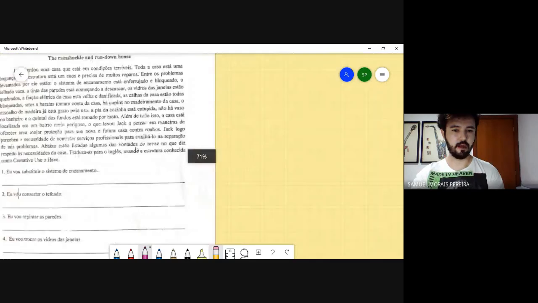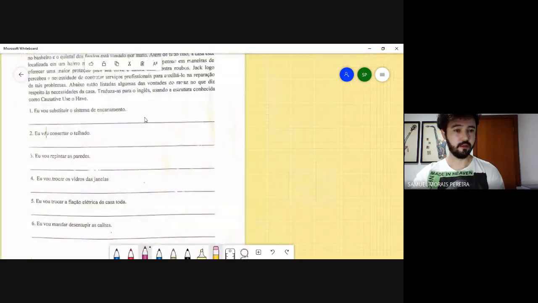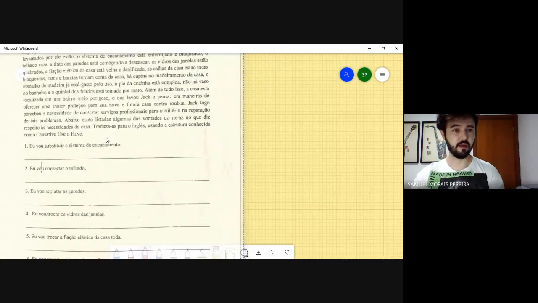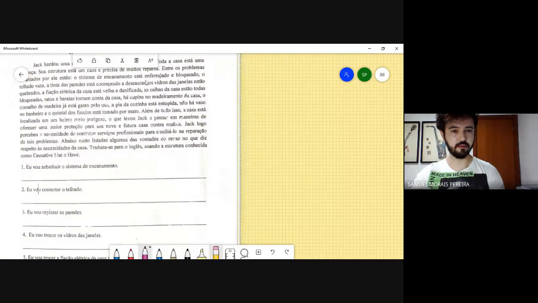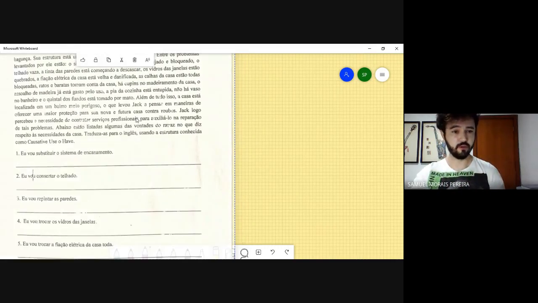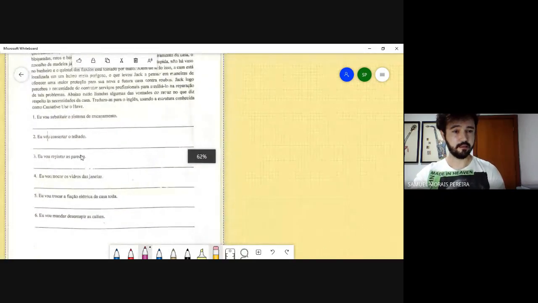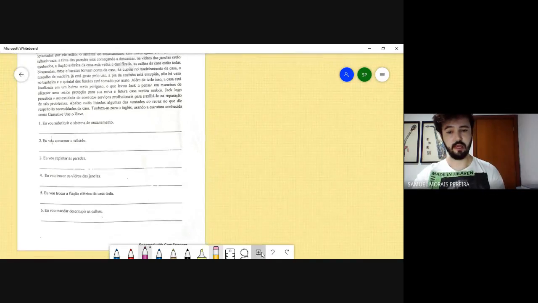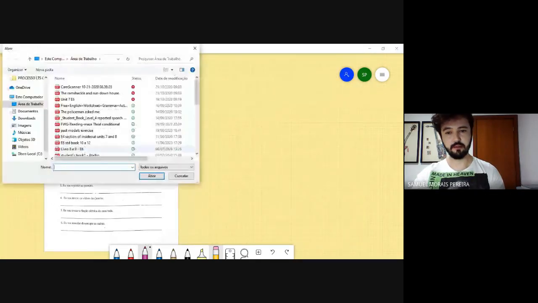Some of the problems are, just a moment, the problem number one is, for example, o sistema de encanamento está enferrujado e velho. Ele diz isso aqui, somewhere, okay? We have here, a fiação elétrica da casa está velha, danificada, as calhas da casa estão todas bloqueadas e blá, blá, blá. Well, so going back here to the exercise, these are the sentences you have to translate, and the vocabulary you need is on the other page, as I told you, okay?